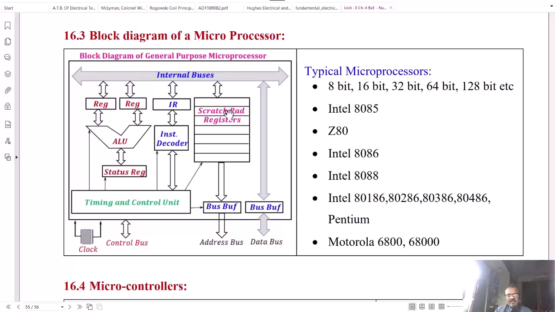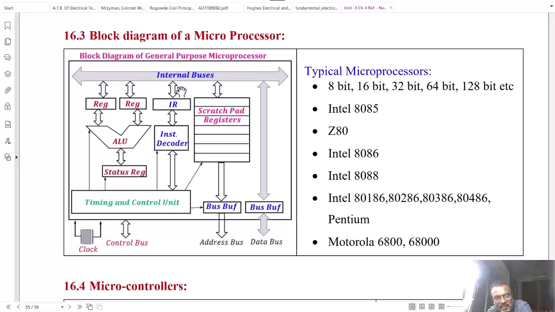Their size is decided by the size of the processor. For example, if the data bus size of the processor is 8-bit, normally the scratchpad registers are of 8-bit size so that they can store the temporary data during the operation of the microprocessor.